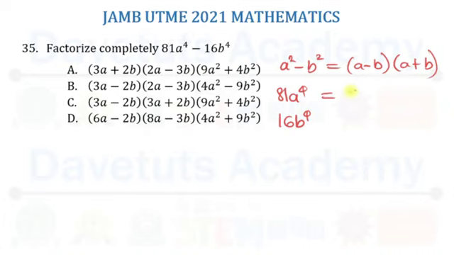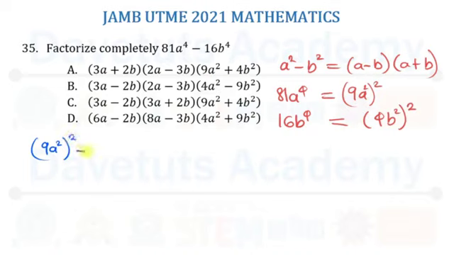81a^4 is the same as 9a squared raised to power 2, because 9 times 9 is 81, and a squared raised to power 2 is a^4. Then 16b^4 is also 4b squared raised to power 2. So I can rewrite this as 9a squared raised to power 2 minus 4b squared raised to power 2.